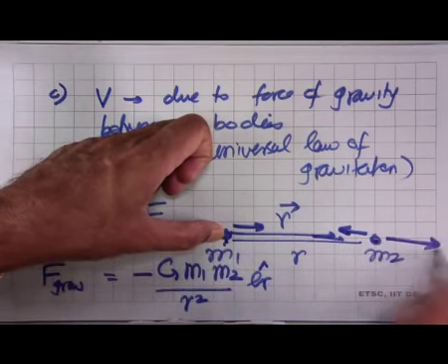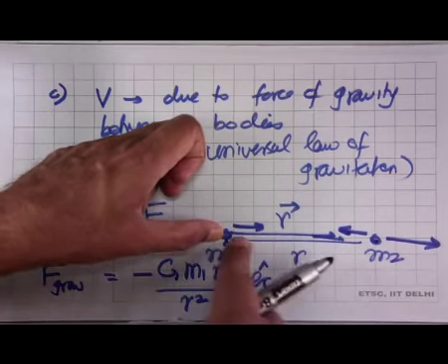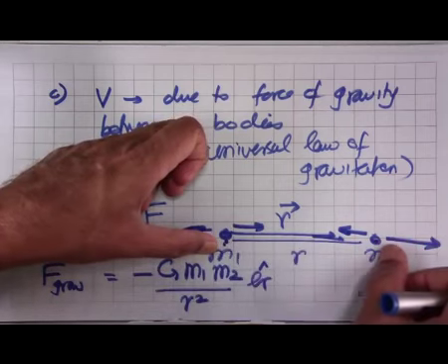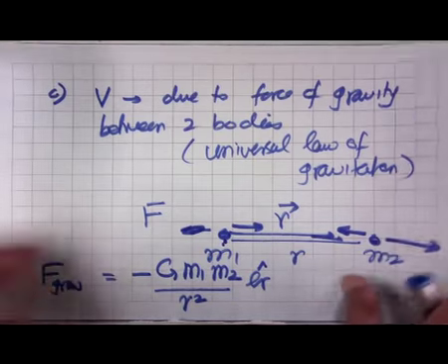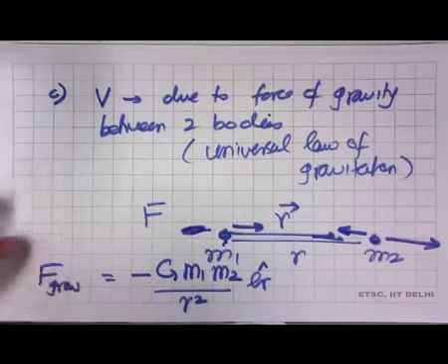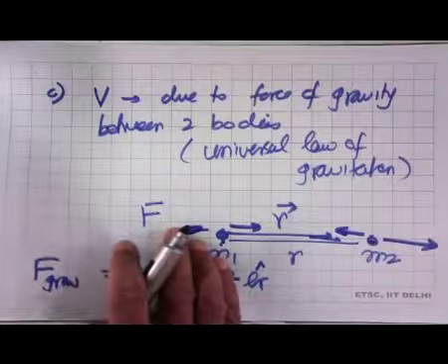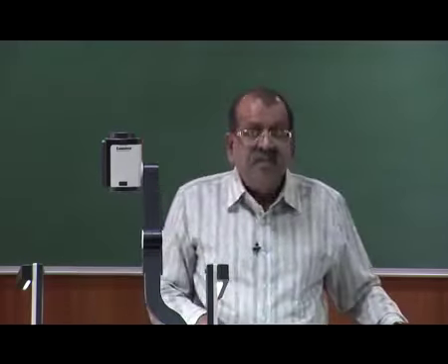So, the r direction will be from m1 to m2, and the gravitational force on m1 will be towards m2. Therefore, the minus sign comes. So, we have the universal law of gravitation, but we will see this once we complete this. There is a separate chapter on the universal law of gravitation.